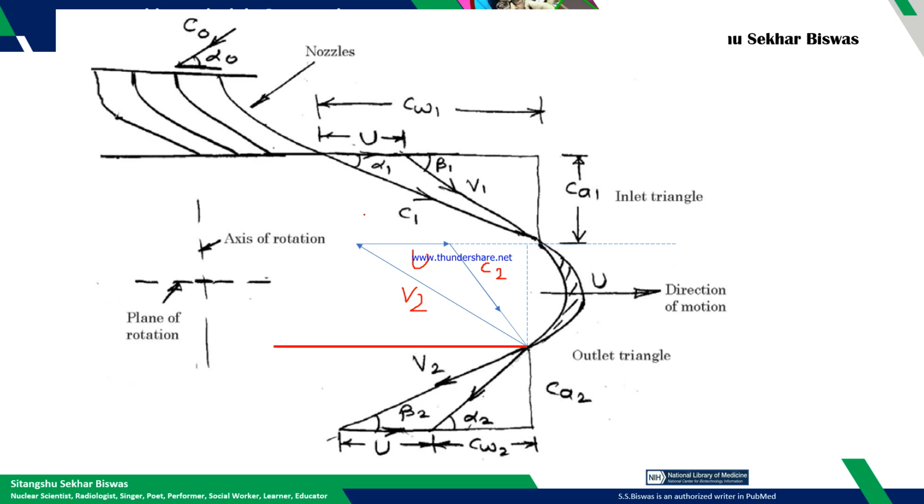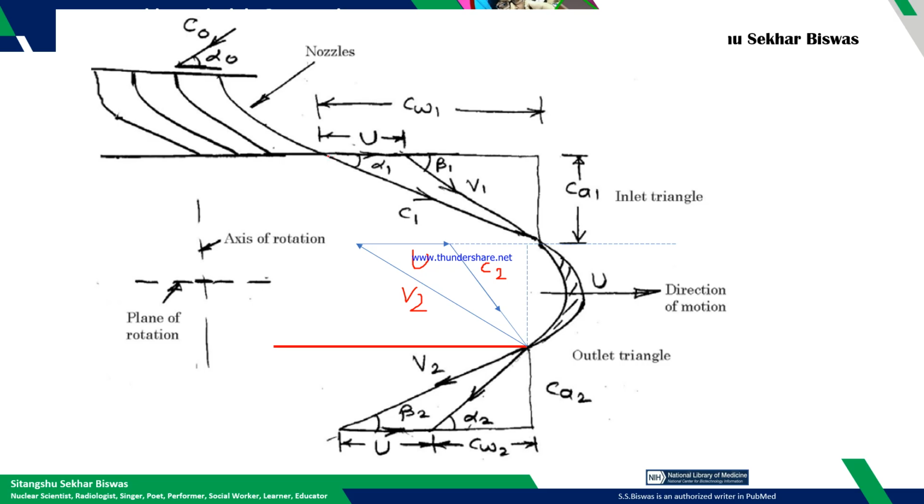Now again, we are trying to find out the component of the resultant vectors at the inlet and at the outlet which is parallel to the direction of the motion of the blade.